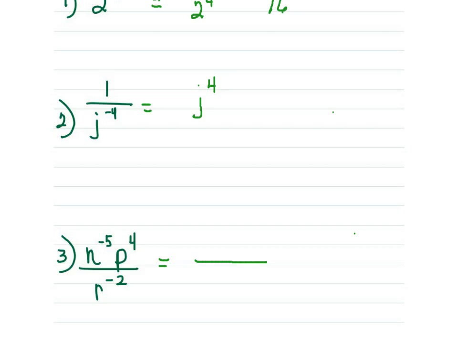That would become n to the 5th power in the denominator. P to the 4th power already has a positive exponent, so it can stay where it is. And then r to the negative 2 is in the denominator, but we need to write it with a positive exponent, so it's going to move up to the numerator with the positive exponent.